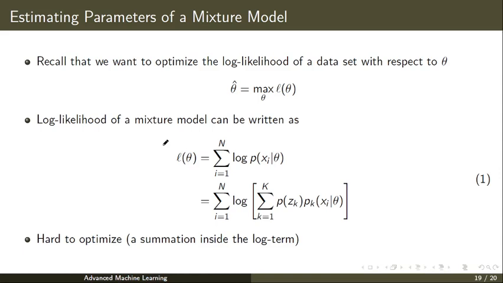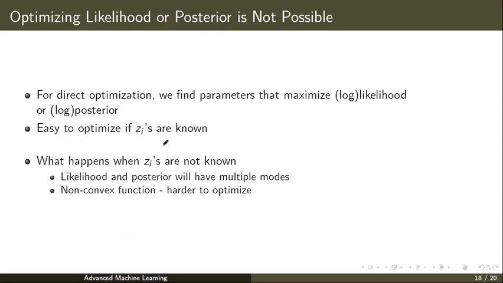What I'm trying to say is, for direct optimization, we try to find the parameters by maximizing the log likelihood or log posterior. But it's very hard to optimize because of the non-convex form of the function.